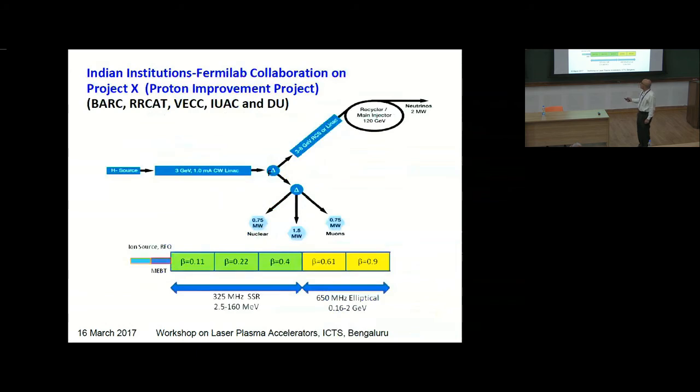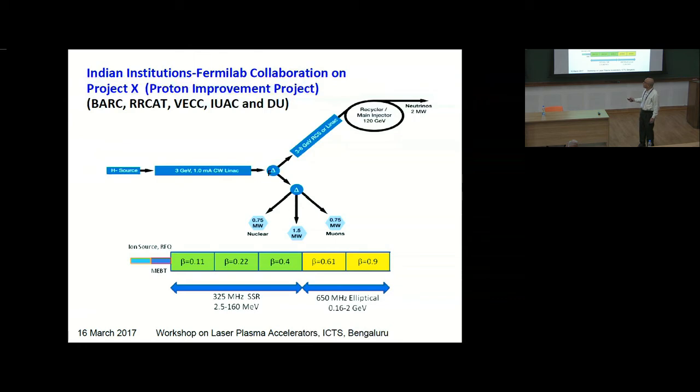The Indian Institutions-Fermilab collaboration. These institutions are involved in that collaboration: VECC, RRCAT, IUAC, and Delhi University. This is a 3 GeV LINAC, it is 1 milliampere, which will further go into 3 to 8 GeV rapid cycling LINAC, and then finally someday 120 GeV for neutrinos of 2 megawatts of power, neutrino beam.